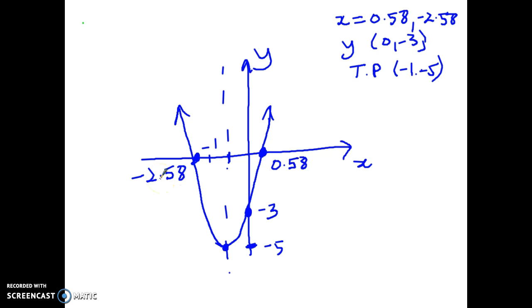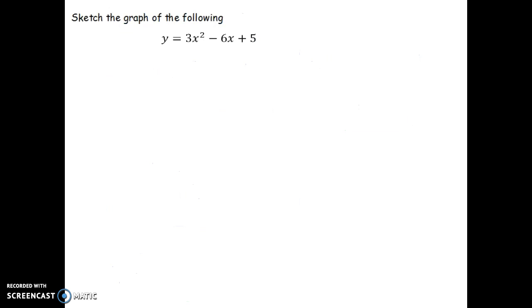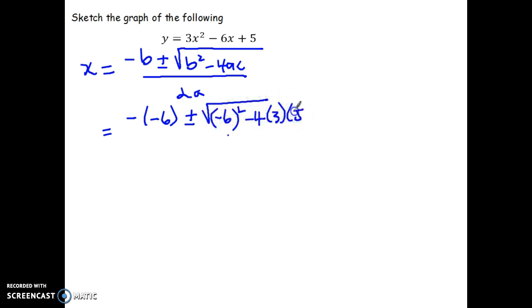Let's have a look at one more quick example. If I wanted to sketch this one, let's follow that same procedure. To get my x-intercepts, I'm going to use my GQF. So I have minus 6 plus or minus the square root of b squared minus 4ac all over 2a.